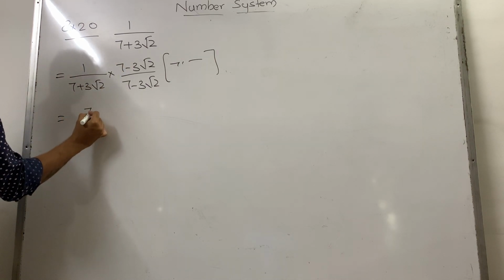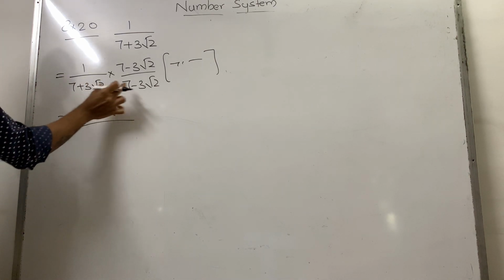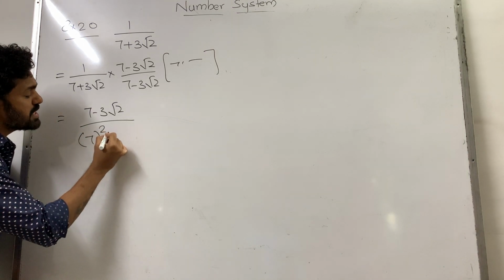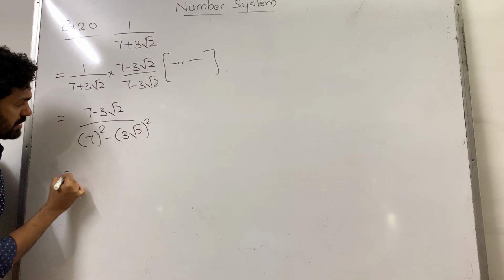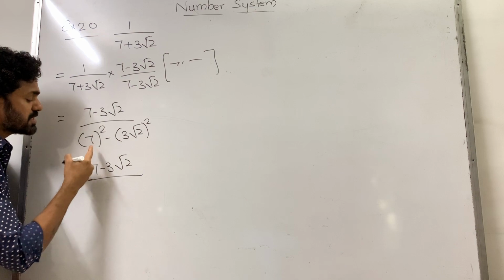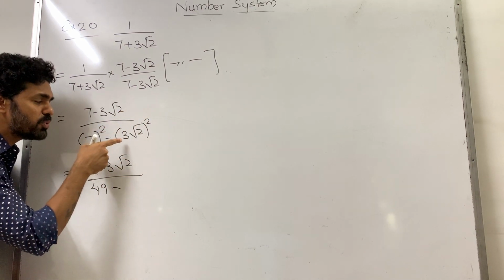Now 1 into 7 minus 3 root 2 is 7 minus 3 root 2. Denominator is a plus b, a minus b, which is a square minus b square. The numerator is 7 minus 3 root 2. 7 square is 49. What is the square of 3 root 2?